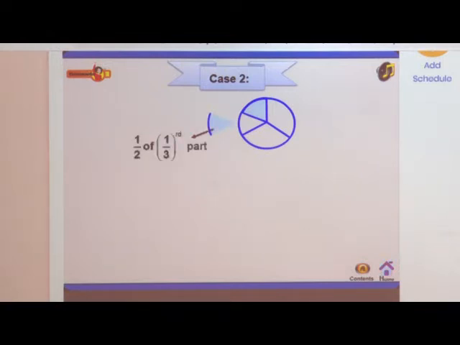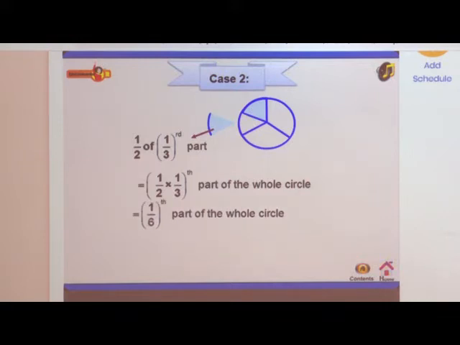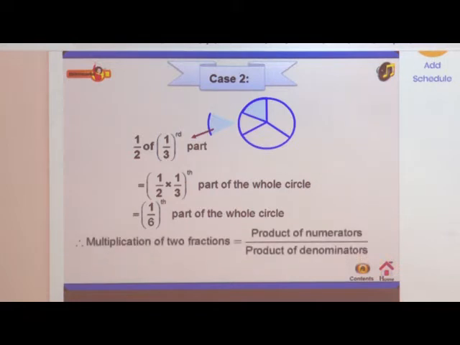We can write it as 1 by 2 multiplied by 1 by 3 part of the whole, which is equal to 1/6 part of the whole circle. Therefore, multiplication of two fractions can be written as the product of numerators divided by product of denominators.